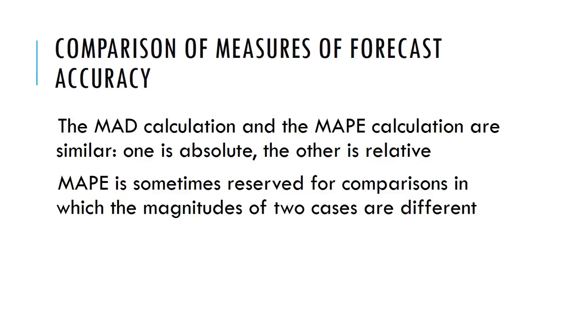So if we're measuring sales of actual individual units versus sales of crates of something, like at a grocery store, instead of individual cans of tomato soup, if packs of tomato soup come in packs of 18 or whatever, then we might want to look at MAPE to look at percentages between those two.